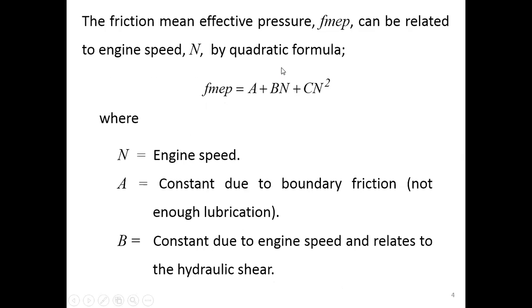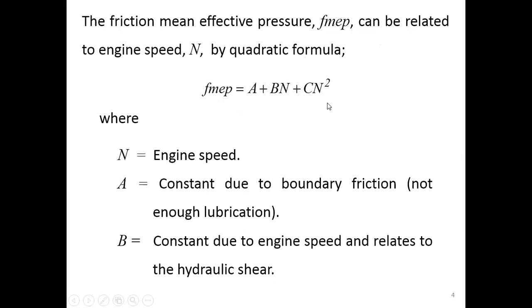By knowing that, you can write down the relationship between friction and engine speed in terms of a quadratic formula, as the one that I show here. This is one formula to determine the friction mean effective pressure.